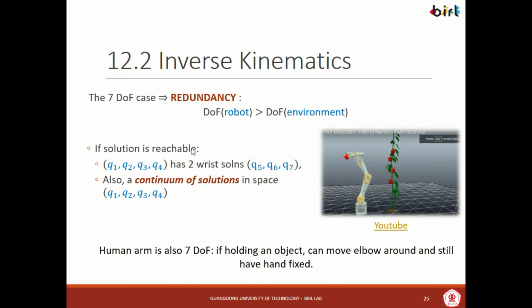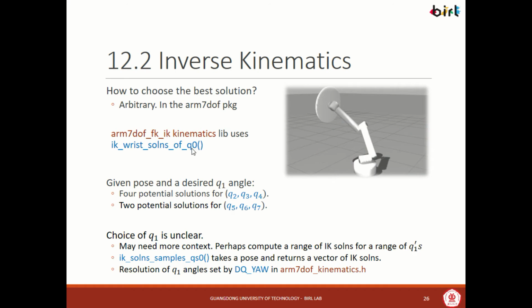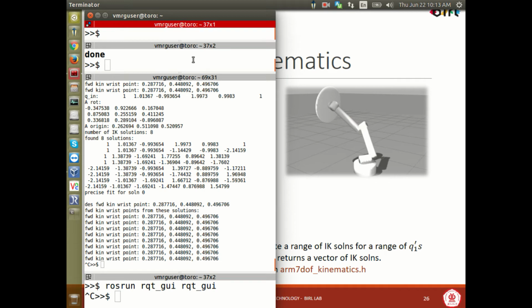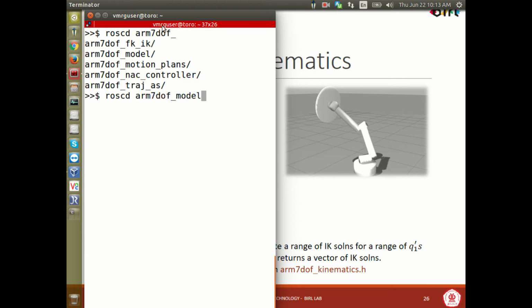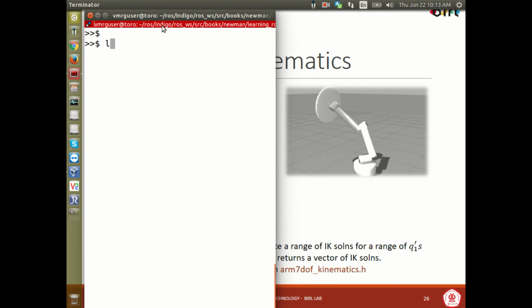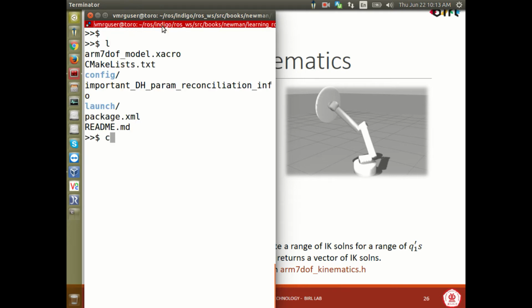I didn't write down how to run this. Why did I not write down how to run this? But let's try to run it. Okay. This is package ARM 7 degrees of freedom. So we start with model. Yeah, and here, launch.